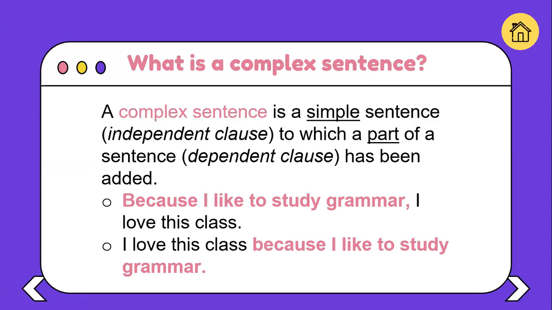Most of you still get confused when we say dependent and independent. Please pay attention carefully. An independent clause is a simple sentence. It can stand alone. It has a complete subject, a complete predicate, and a complete idea.